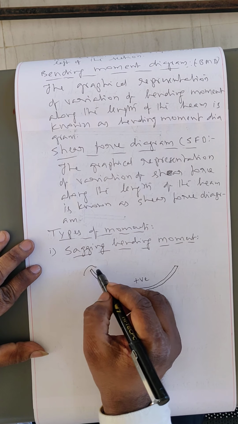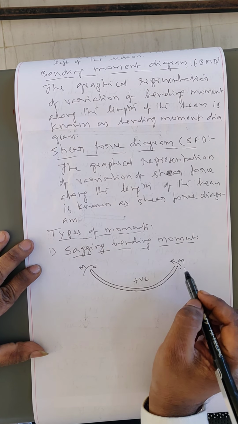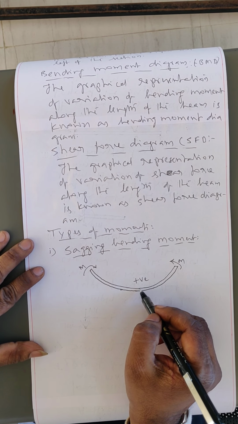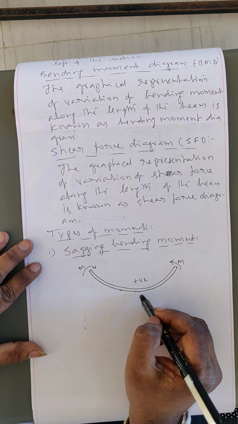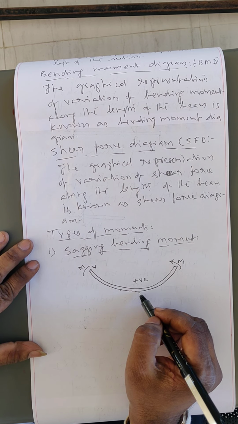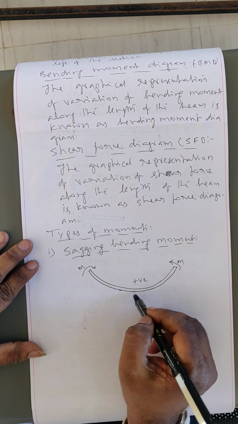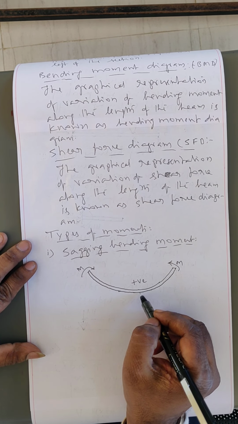Here you see the concave portion: the concavity is upward, convexity is downward.